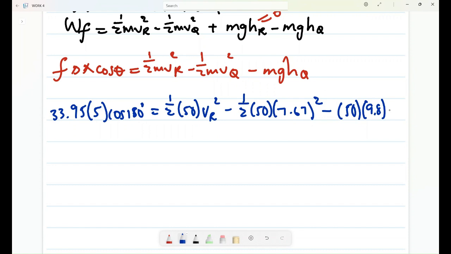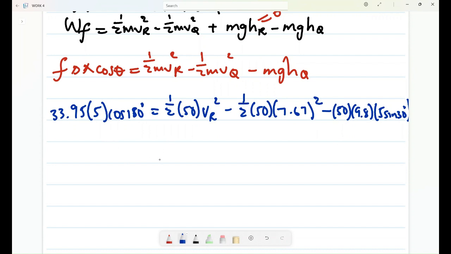The height at Q, remember, is 5 sine 30. Sine 30 degrees there. I'm saying it's going to be 50, 9.8, 5 sine 30. Sine 30 there. All right.